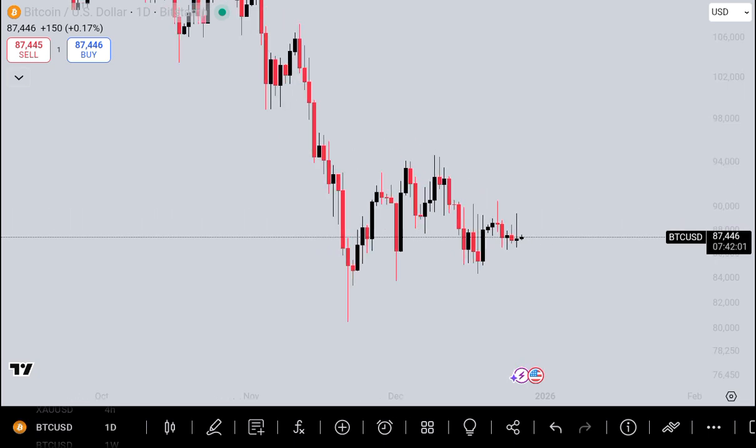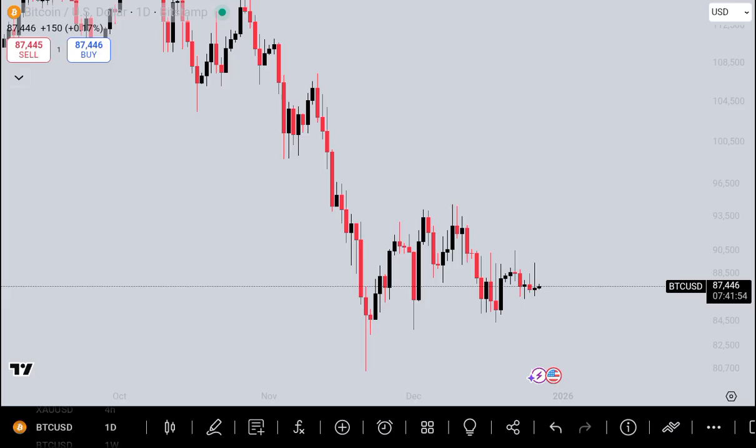Now, the continuation directional bias, you often see in a trending market. For instance, if we look around here, you can see price printing these red bearish candles consistently day after day. Mind you, this is the daily chart on the BTCUSD.